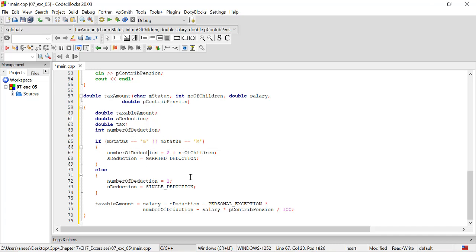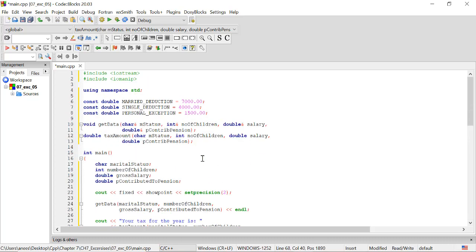Because you have 2 plus the number of children under 14, and then you have the sDeduction, which is equal to the married deduction. This is the deduction that is related to the number of children you have. This is just a flat amount for the deduction. If you come up here, we will see the named constant for it, which is 7,000.